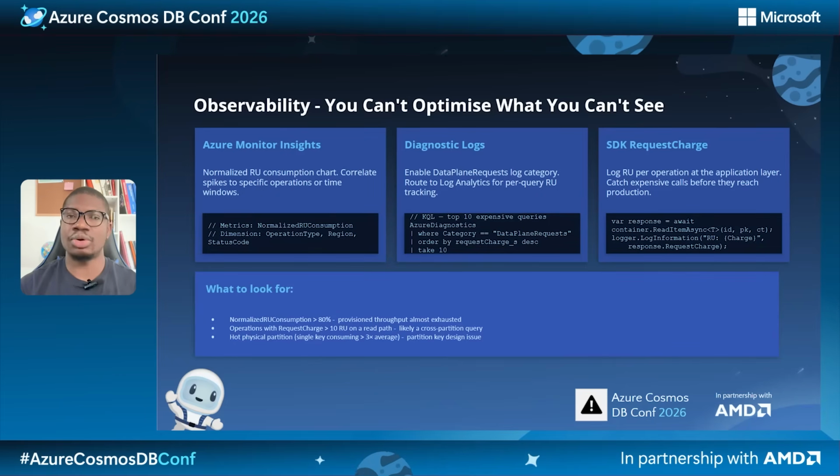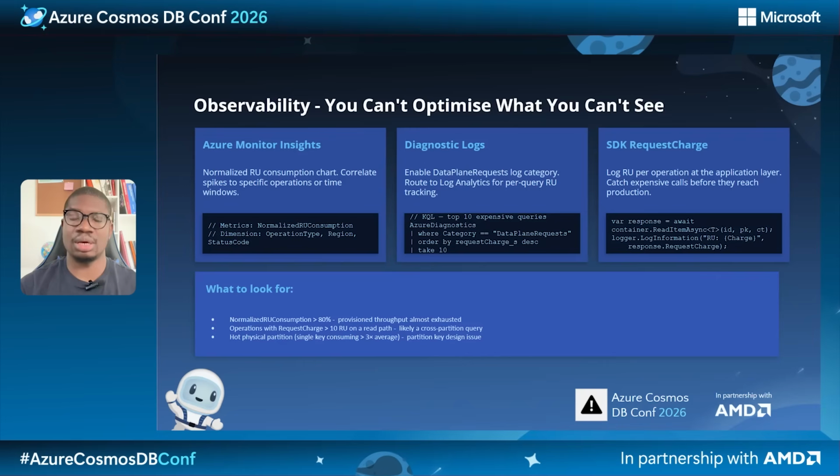Observability is what turns optimization from guesswork into engineering. We use 3 layers. The first, Azure Monitor Insights for normalized RU consumption charts. This is where you correlate spikes to specific time windows and operation patterns. Second, diagnostic logs with the data plane request category enabled and routed to Log Analytics.